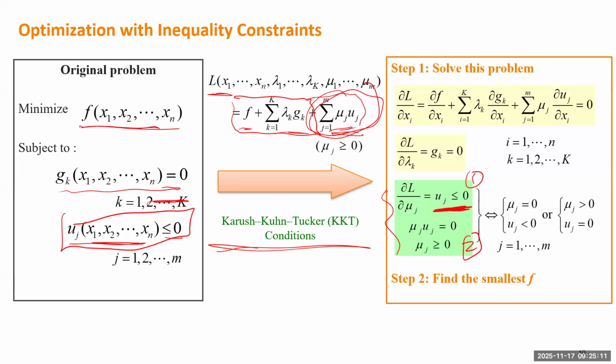It can be 0, but it usually will be positive if you violate the limit. So that's number 2. Number 3 is very important. It says the product of the expression u, which is from the inequality constraint, and mu will always be 0. You can have both be 0, or you can have one be non-zero, but then the other one will be 0. So those 3 together, defined by the KKT conditions, fully represent what's happening here.